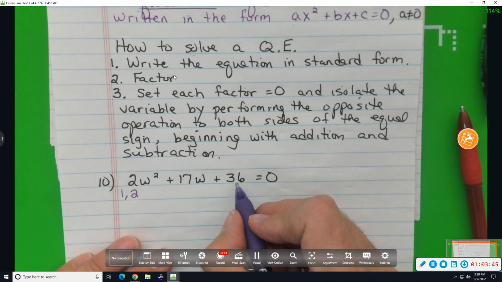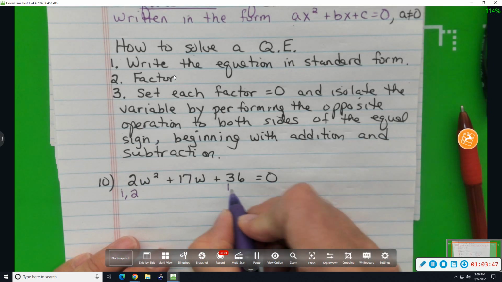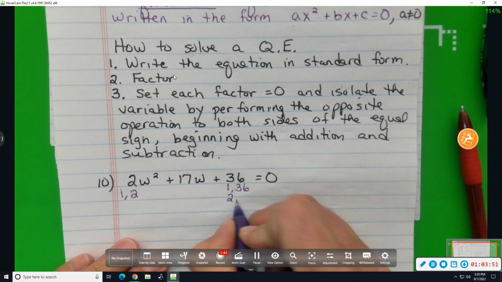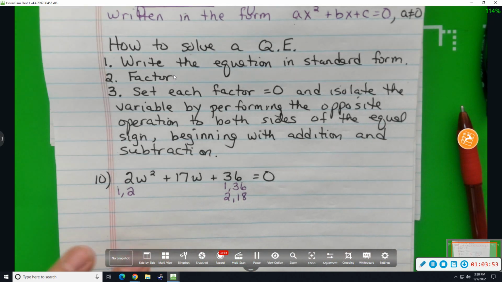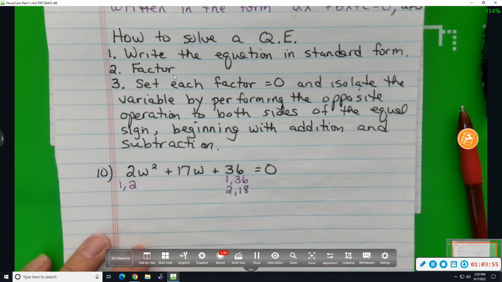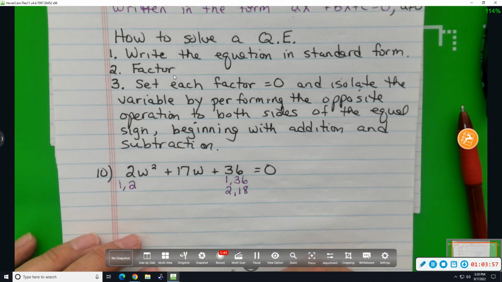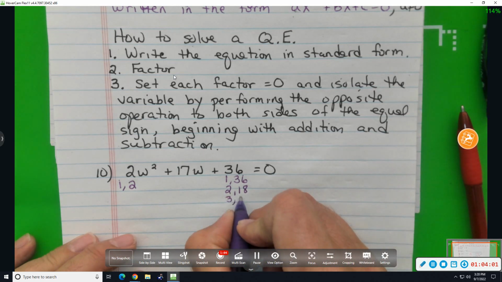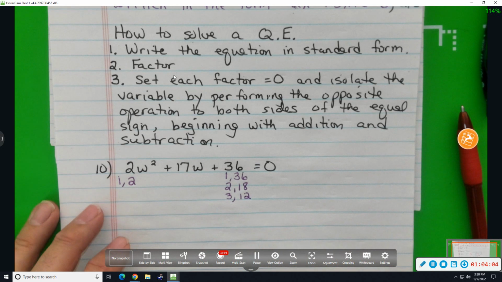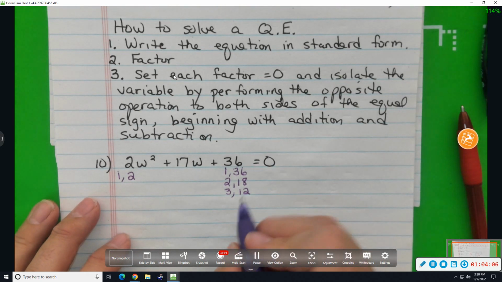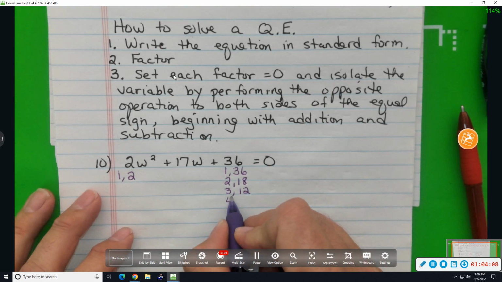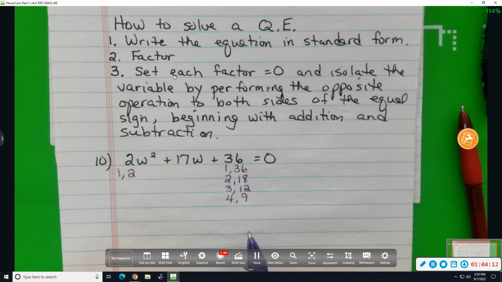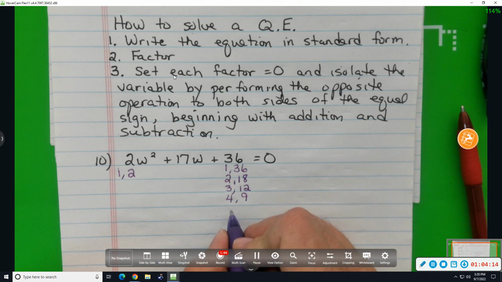Numbers that multiply together to give 36. 1 times 36. 2 and 18. Does 2 times 18 give us 36? 3 times what is 36? Is that 12? 4 divides evenly into 36, doesn't it? Is 4 times 9 36?